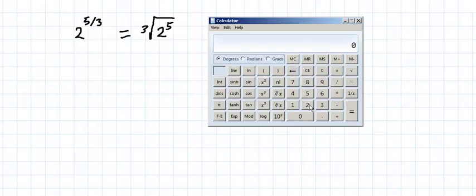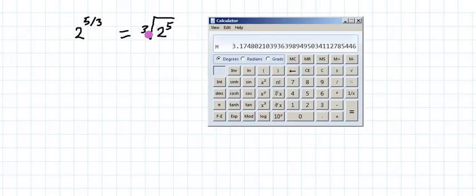Here's the first calculation. 2 raised to the power of 5 divided by 3. And that equals 1.1748 approximately. We'll put that in the memory.